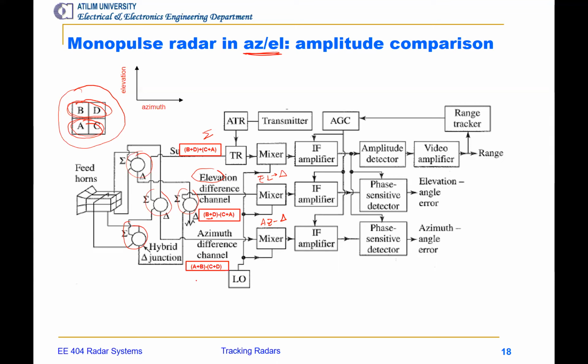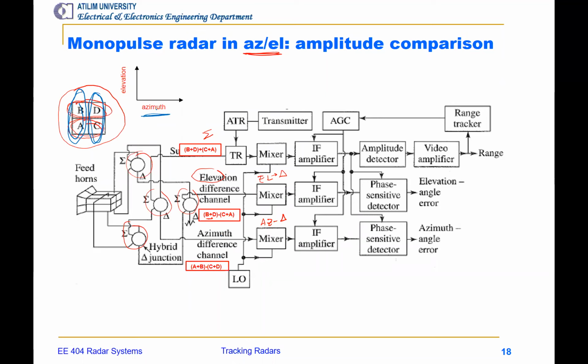For the azimuth, we use AB and DC, okay, CD. So the difference between these two sums will give us the difference signal for the azimuth angle.